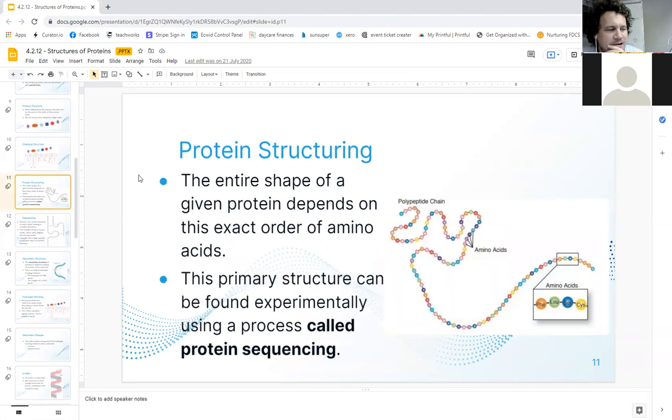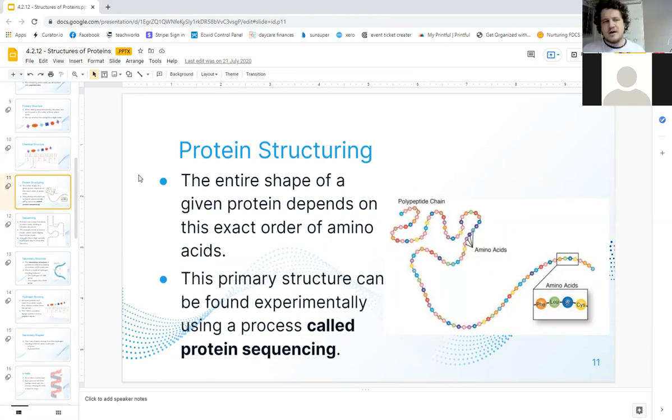So the sequence of the amino acids determines the structure of the protein chain, of the whole protein. And they can make some weird shapes. So theoretically, we should be able to take the primary structure of a protein and figure out what it looks like, right?